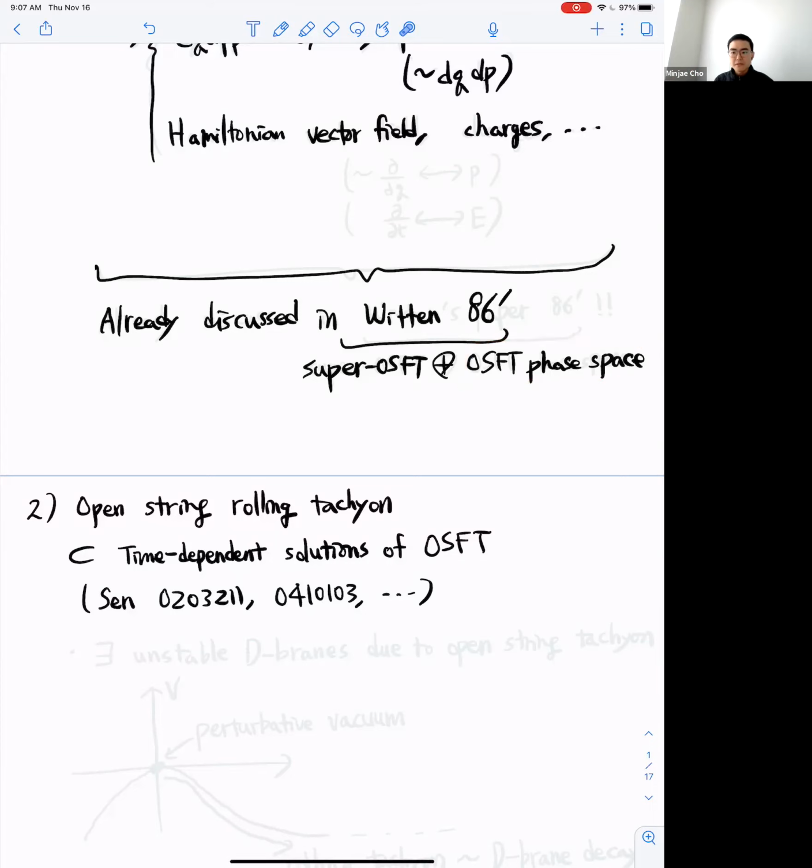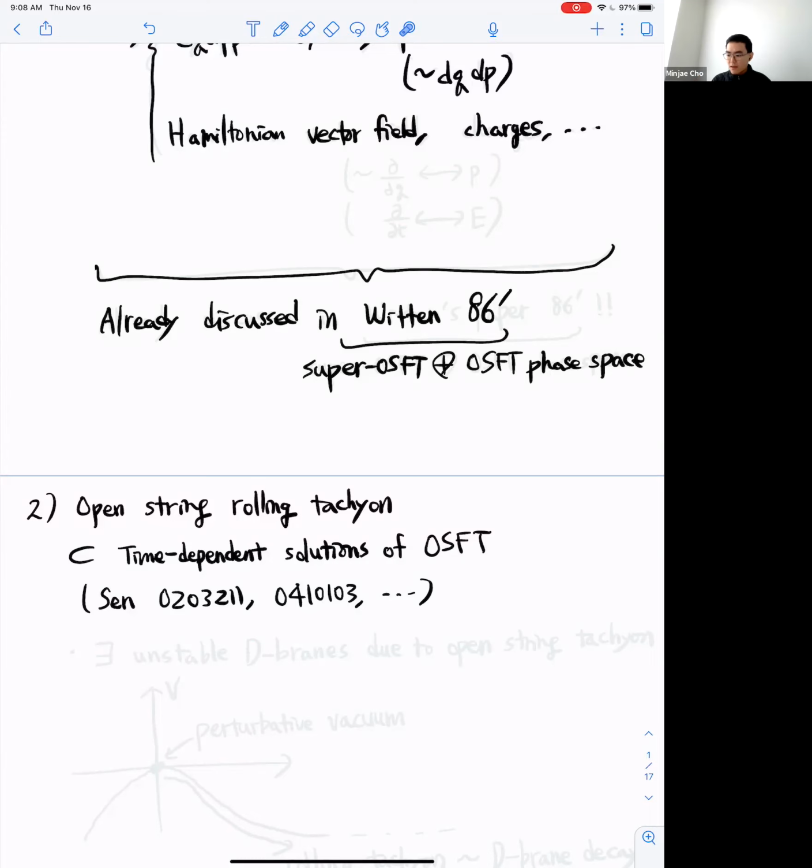It's the space of solutions, and he defined the symplectic form and so on. As I will describe later, it turns out that his description is not quite complete. There are some subtleties, and our contribution is to clarify them and actually make use of this type of symplectic form to compute something physical.